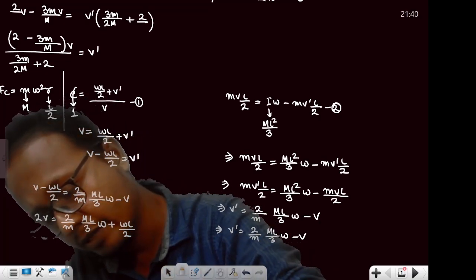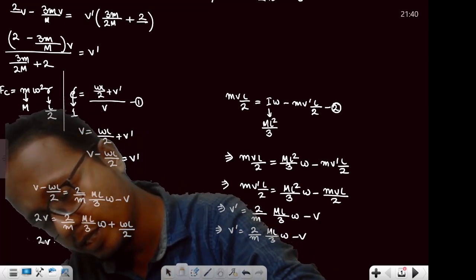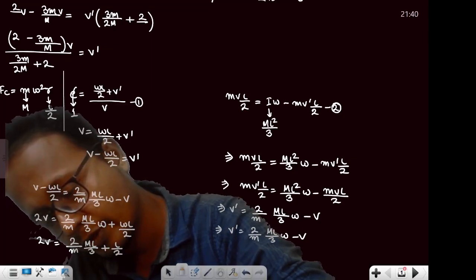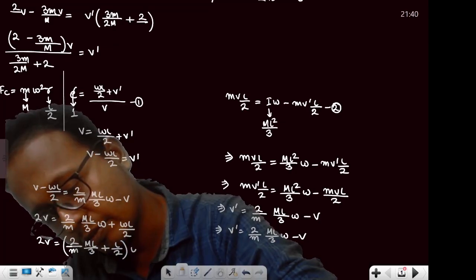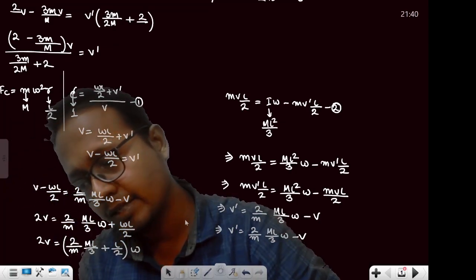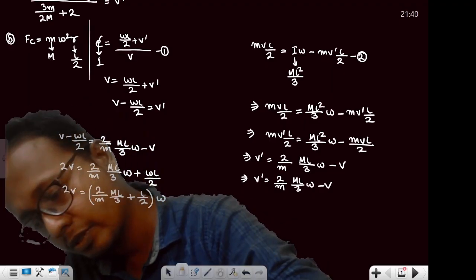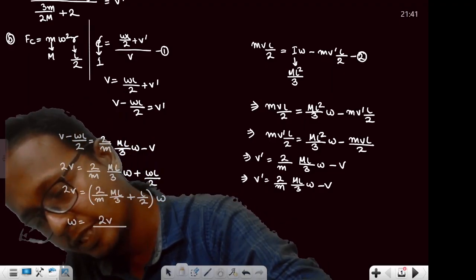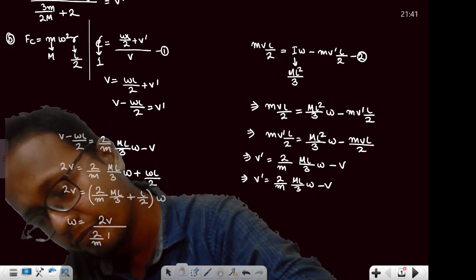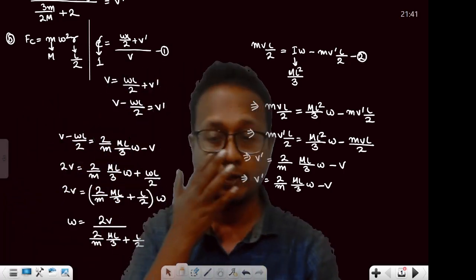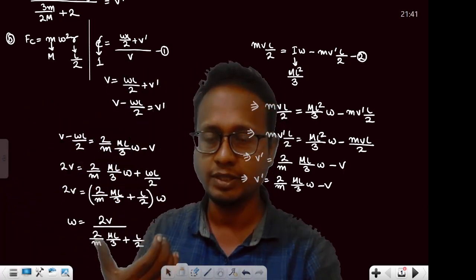If I take omega common, 2V is equal to 2 by mL by 3 plus L by 2, times omega. So omega should be equal to 2V by 2 by mL by 3 plus L by 2. I can simplify this further, but the crux of omega will be this.